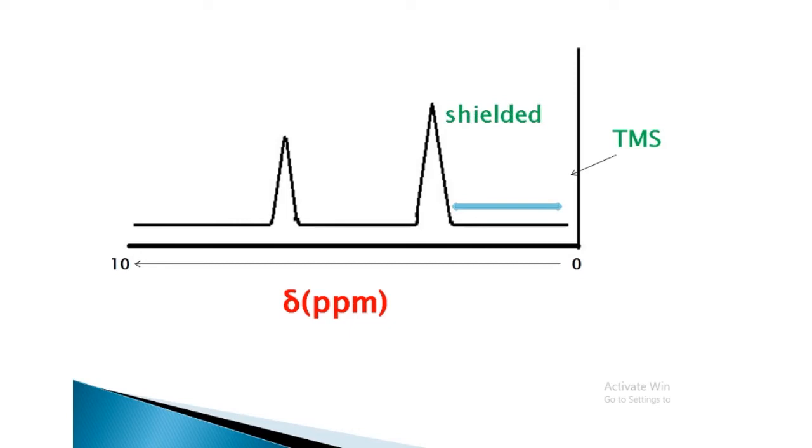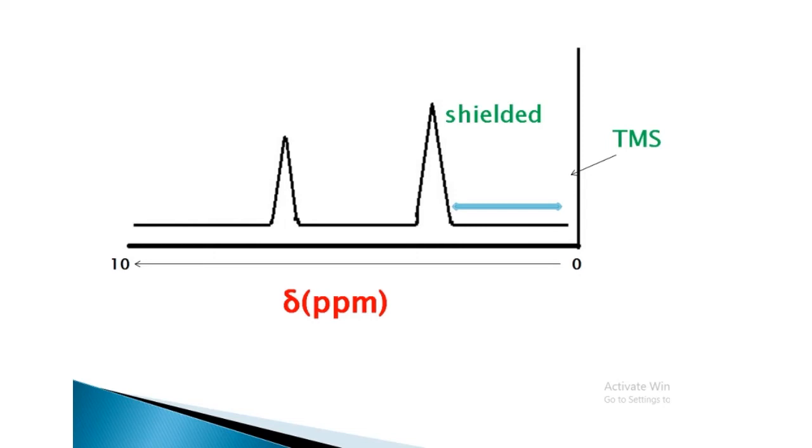If a peak is near TMS, the amount of energy needed to bring our proton into resonance is pretty close to the energy of hydrogens in TMS. Remember, if the energies are similar, it also means that the electronic environment is similar. So that's why the hydrogens in TMS act as a reference of the most shielded.